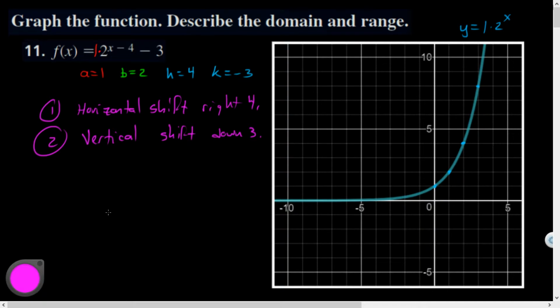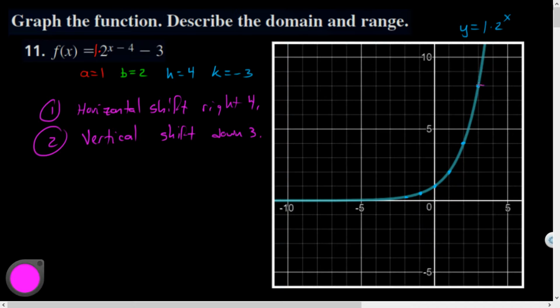So let's take some of these points. Actually, let me get myself another point or two here. So b was equal to 2 for this parent function, so to go right, I was doubling and going over 1. So to go left, I have to divide by 2 over 1. So here's a half. Divide a half by 2, I get a quarter, etc. So let's move by the h and the k.